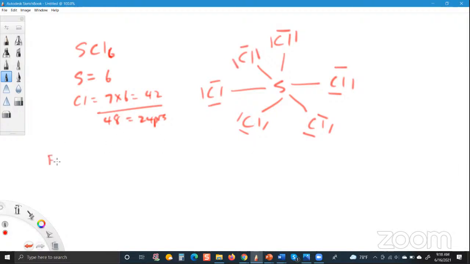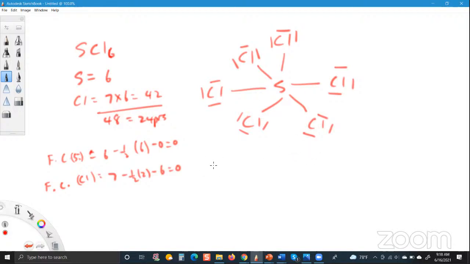And of course, you have to calculate the formal charges. For sulfur, that would be 6 minus half of 6 minus 0, so that gives you 0. And for chlorine, that would be 7 minus half of 2 minus 6, that gives you 0. So there are no charges.